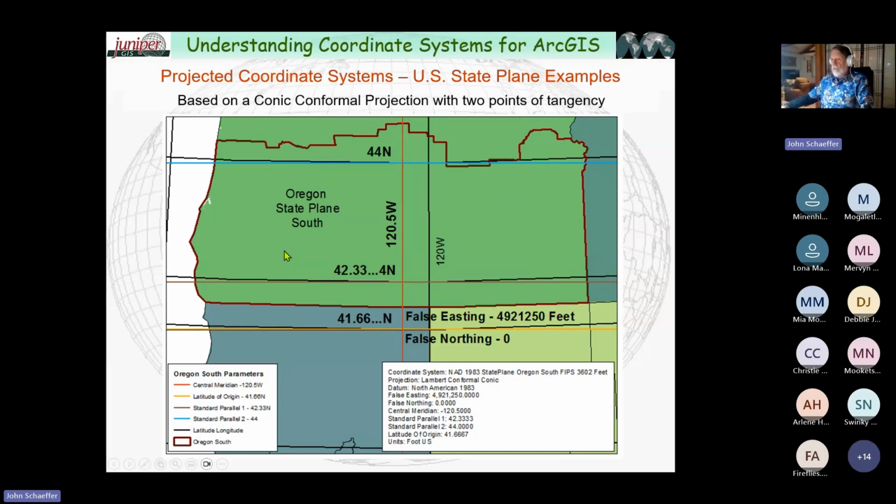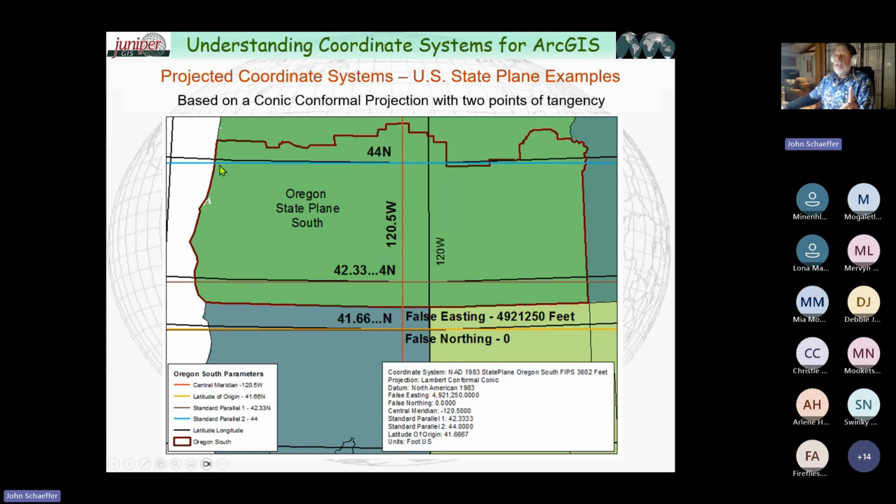So I'm interested in this area. Here's my latitude of origin. And it's placed below where I'm interested, because as I measure my coordinates going north, everything is positive. 0, 1, 2, 3, 4, 5, 6, 7, 8, whatever, okay? And we have a false northing of 0.